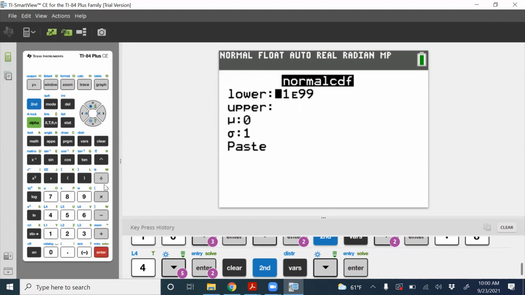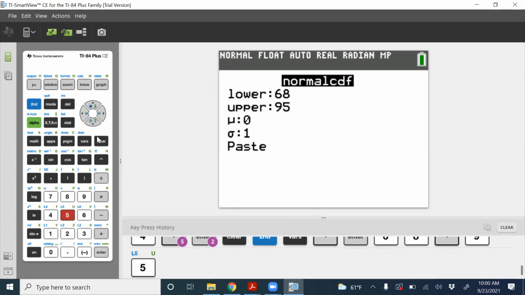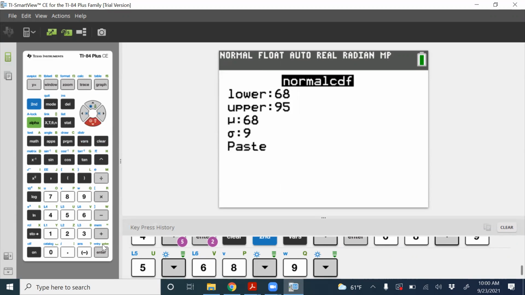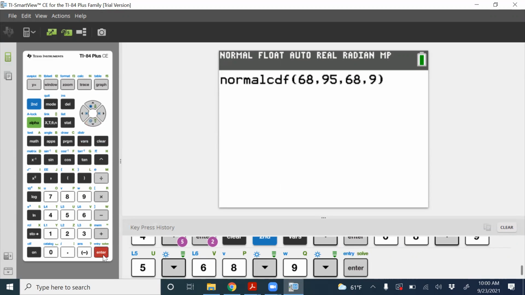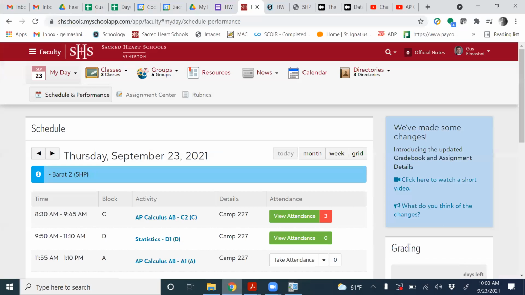So if your lowest is 68, your highest is 95, mean 68, standard deviation is 9. That's 3 standard deviations away from 68 when you look at 95, because the difference is 27. So it's about 49.7% or 49.9%. So it's almost most of it. So that's that one there.